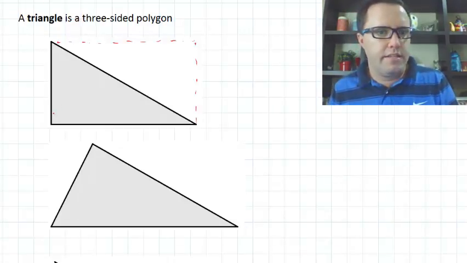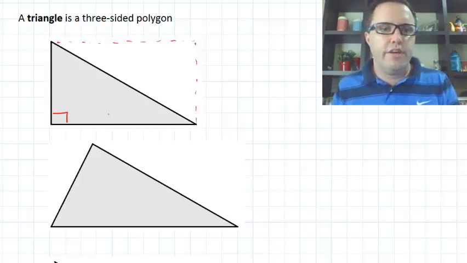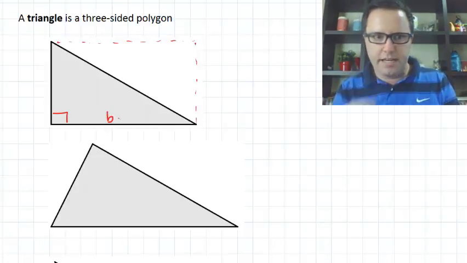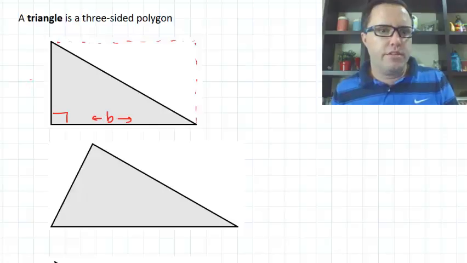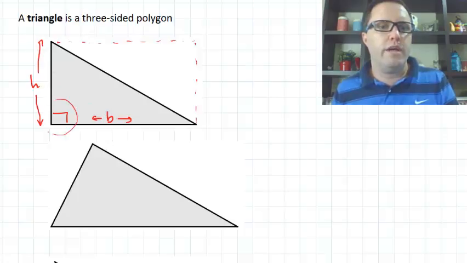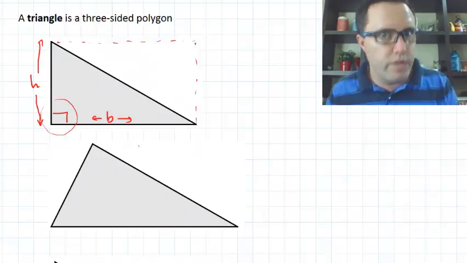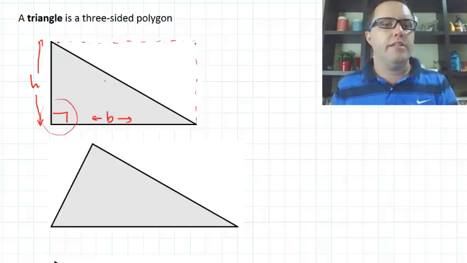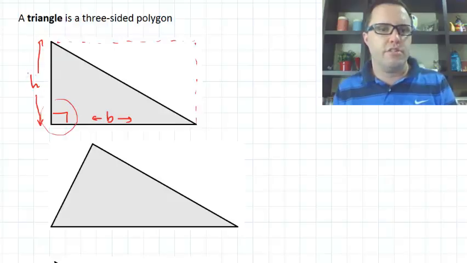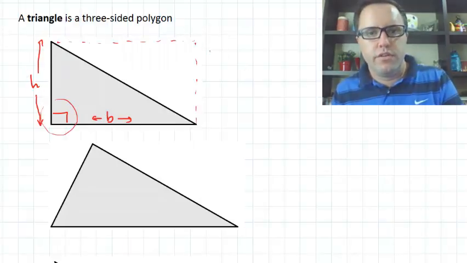Okay, and so if we had, this is a right angled triangle, if we called this length the base, okay, that's down the bottom, we're going to call this the height of the triangle, okay? All right, now the height and the base measurement are always at right angles to each other. That's really important, okay? And so because it's half of the rectangle that encloses it, that big rectangle would have an area of just height times base.